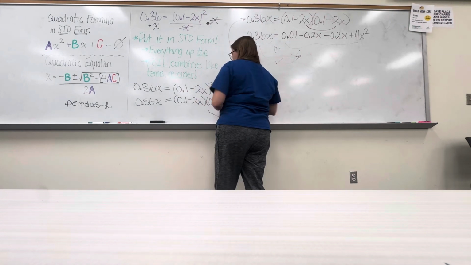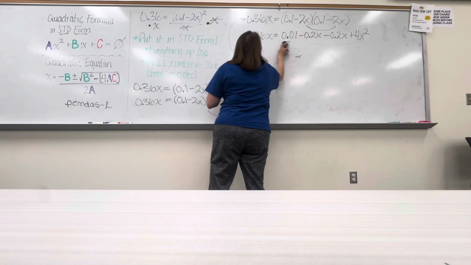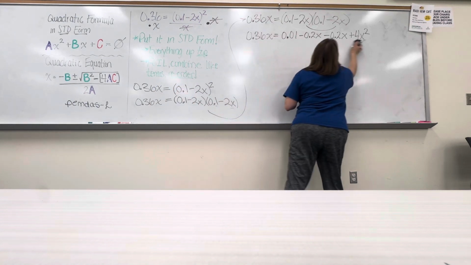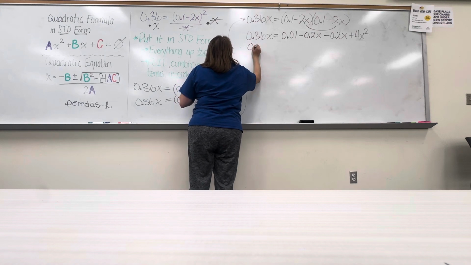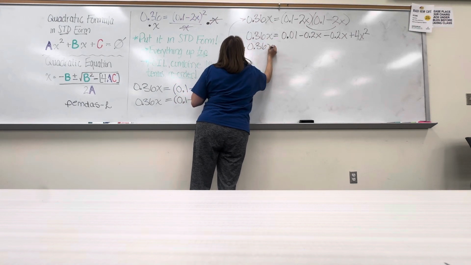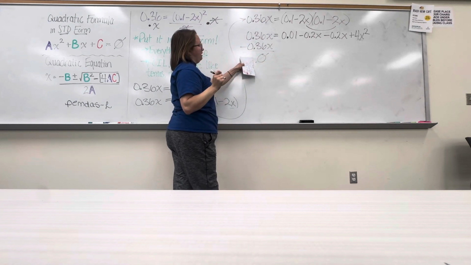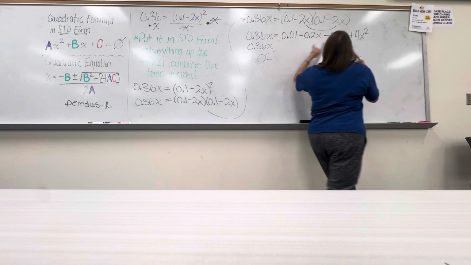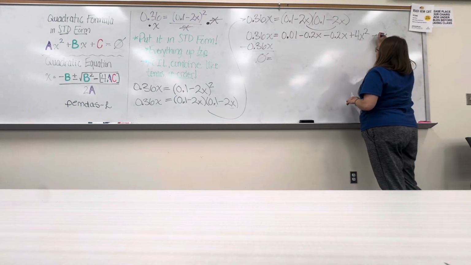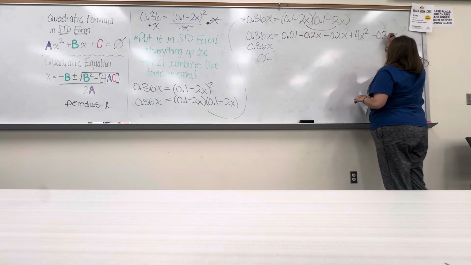To move that one little part, we're going to subtract it from both sides, which makes this equal to 0 now over here. Okay? And we're going to subtract it from over here, minus 0.36x.